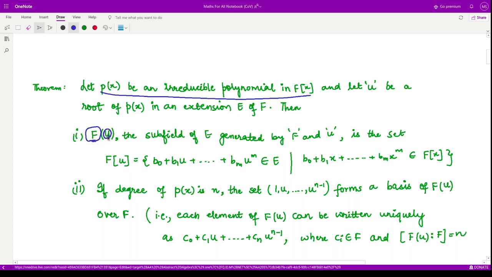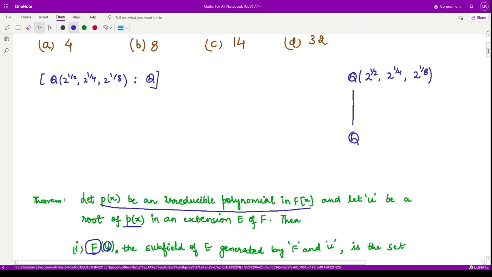Moreover, whatever is the degree of this polynomial p(x), in this case they have considered it to be n, the basis set would be 1, u, up to u^(n-1). Accordingly, if there are n elements in the basis, the degree of the extension field F(u) over the subfield F is n. This result, and particularly the second part, would be useful in solving this question. So let us have a look.